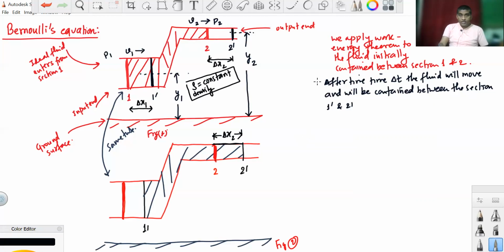I have written that after time delta t, the fluid will move and will be contained in between the section 1 dash and 2 dash.